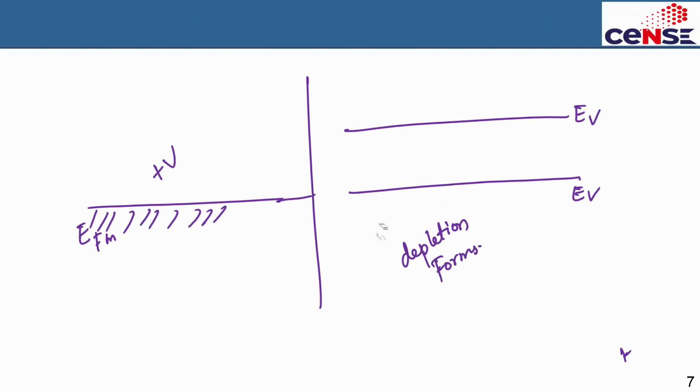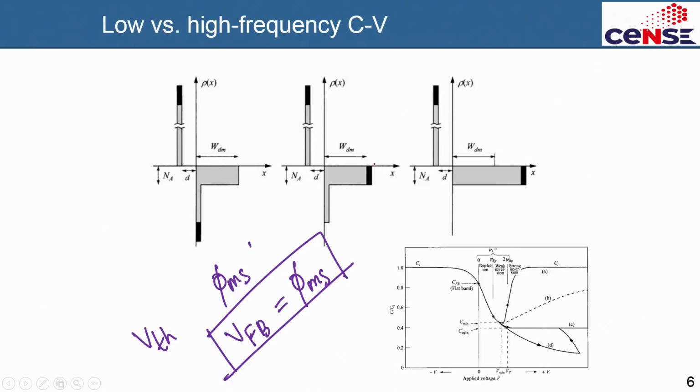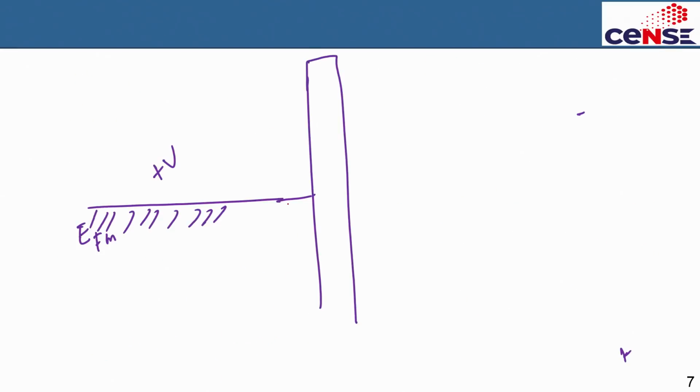This is what we'll use to draw some equations. This is your oxide, for example. The Fermi level will now shift: when you apply a positive voltage, the metal Fermi level will come down, and the semiconductor Fermi level is up here.